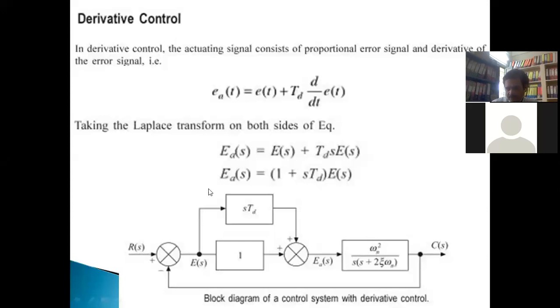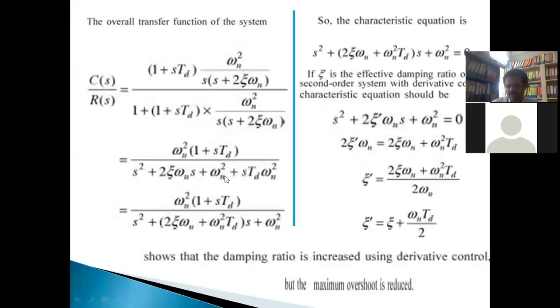Now if we include this derivative controller in the system, the overall transfer function is omega n square into (1 plus s Td) by s square plus 2 zeta omega n s plus omega n square Td into s plus omega. So this is the overall transfer function.